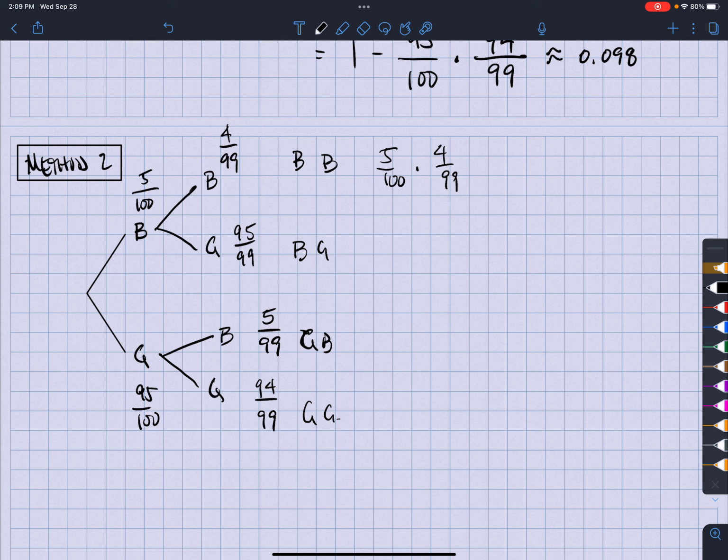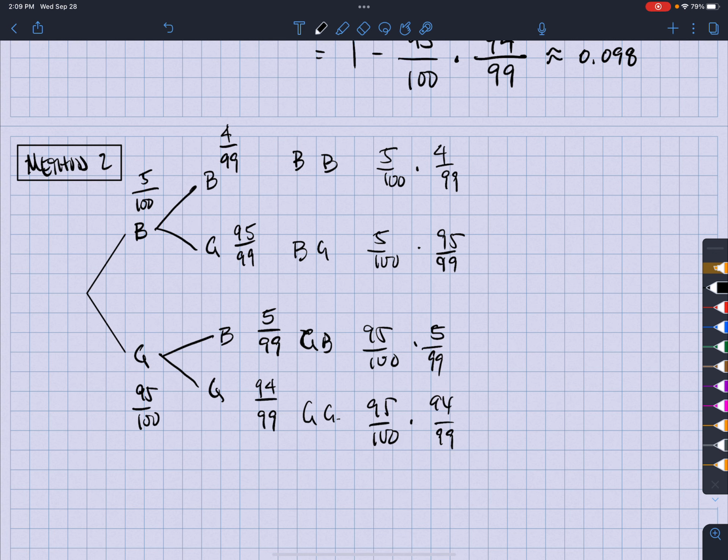And then here will be 5 out of 100 times 95 out of 99. Here we have 95 over 100 times 5 out of 99. And here will be 95 out of 100 times 94 out of 99, right?